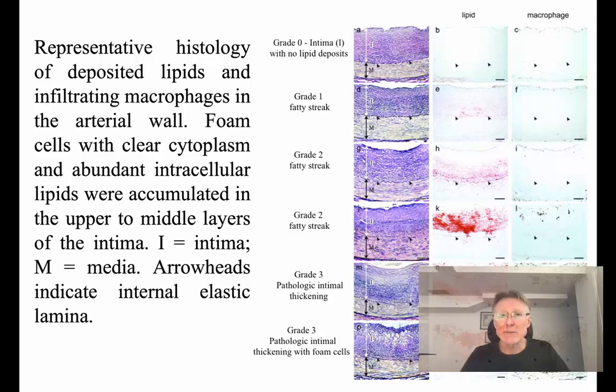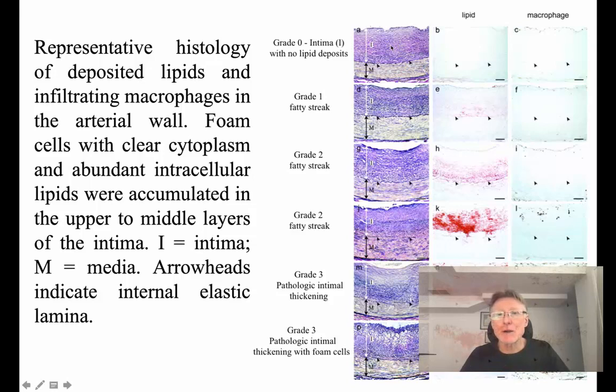This upper portion in purple is what we call the intima, abbreviated here as I. Intima is the layer of cells on your artery that is in contact with your blood. It's the innermost layer of cells that makes up the structure of your artery.